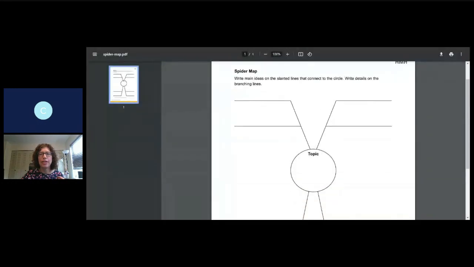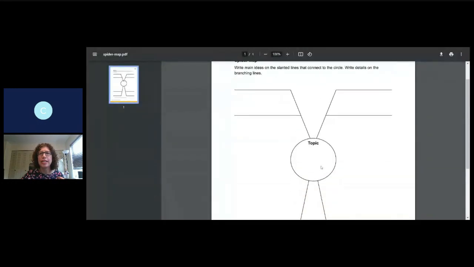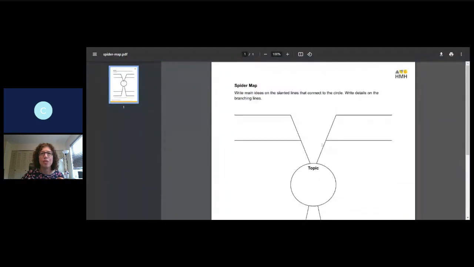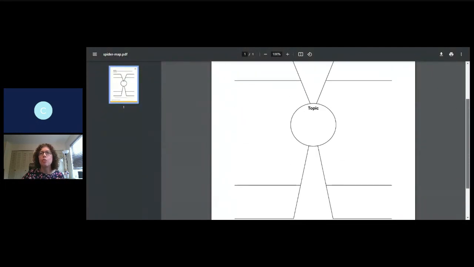We have our main idea or our topic in the middle, and then this is basically a web. We will use different terminology for it, but what are your main ideas relating to this topic? And again, you could use that when reading, let's say, an informative piece, and then having students write an informative piece. So again, it's just about helping them to visualize and solidify those structures in their minds.